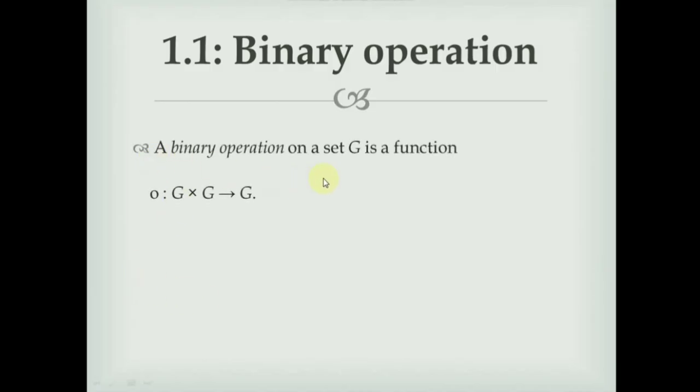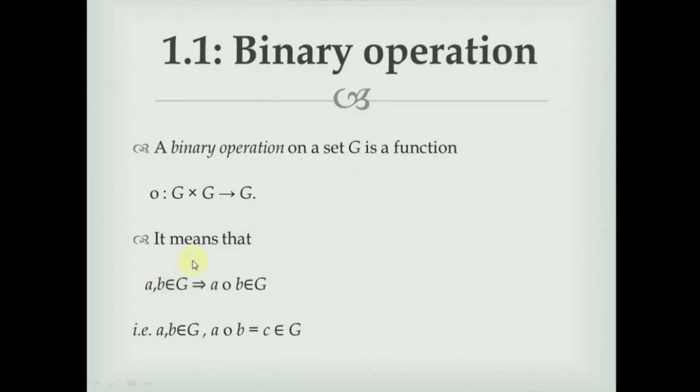A binary operation on a set G is a function O from the Cartesian product of the set G with itself to the set G. That is, a binary operation is a function from the Cartesian product of a set with itself to that set.